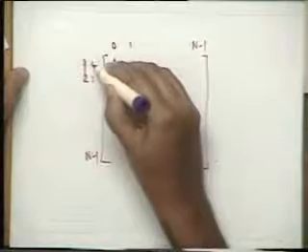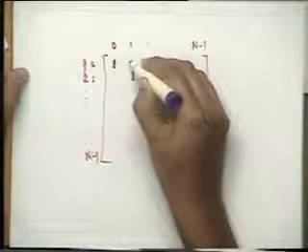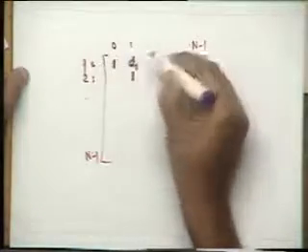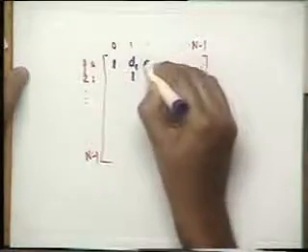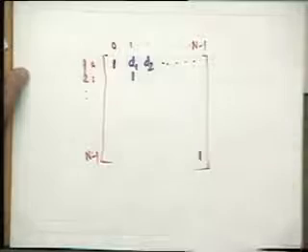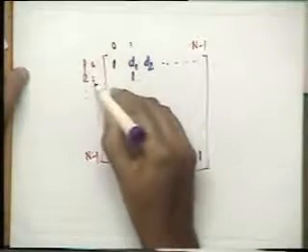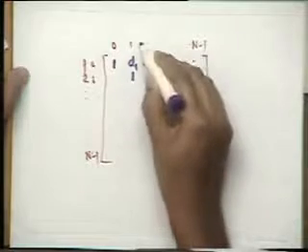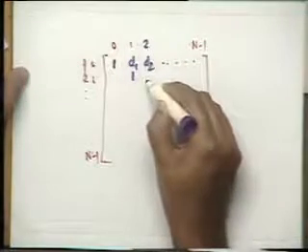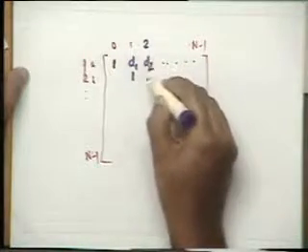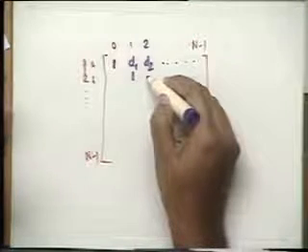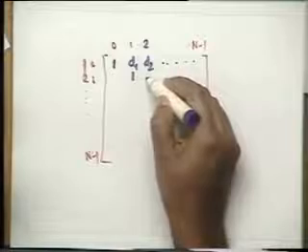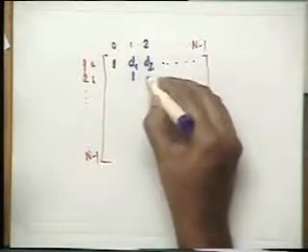Second thing, the correlation between the 0th and 1st pixel is going to be some measure, let's say D1. For 0 and 2, it's going to be D2, like this. Whenever I am considering the correlation between the first element and the second element over here, the distance is going to be unity, and for unit distance the correlation measure is going to be D1.